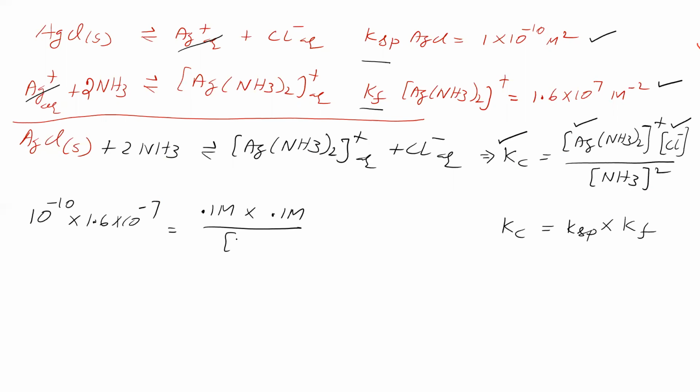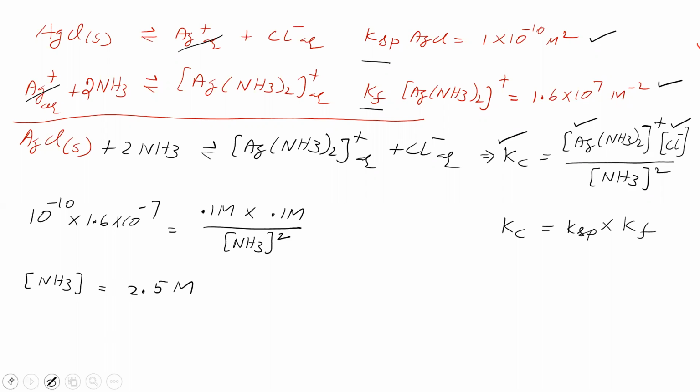From this we will get the concentration of ammonia. They are asking us to find the concentration of ammonia. So the concentration of ammonia we are getting is 2.5 molar. We can simplify this, and we got the concentration of ammonia.